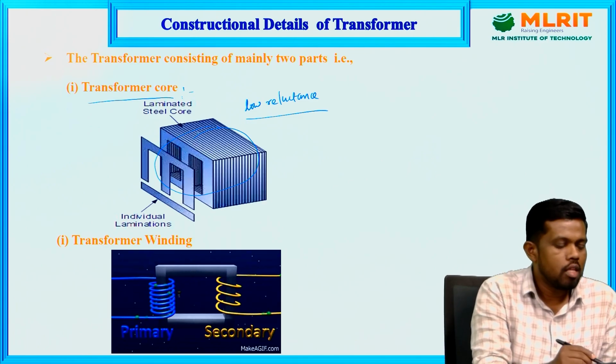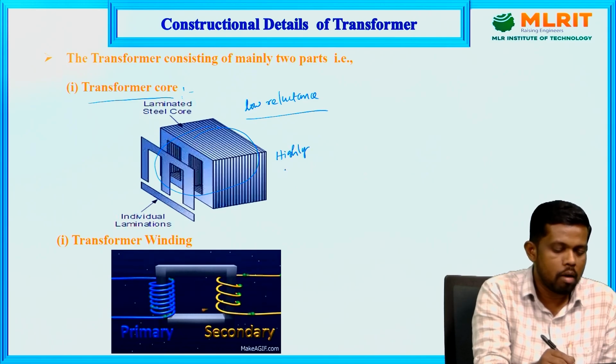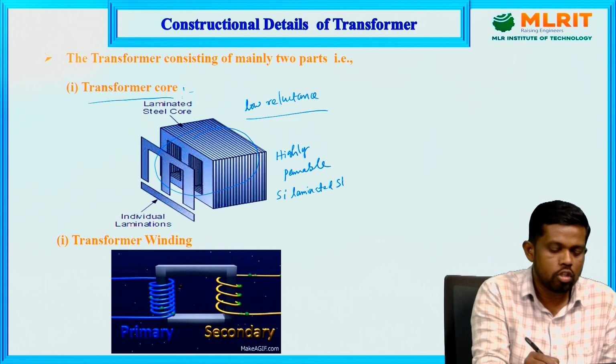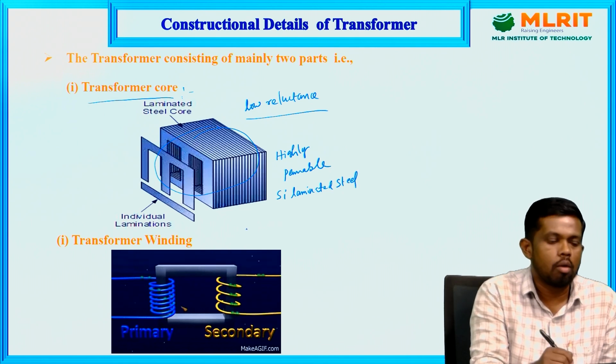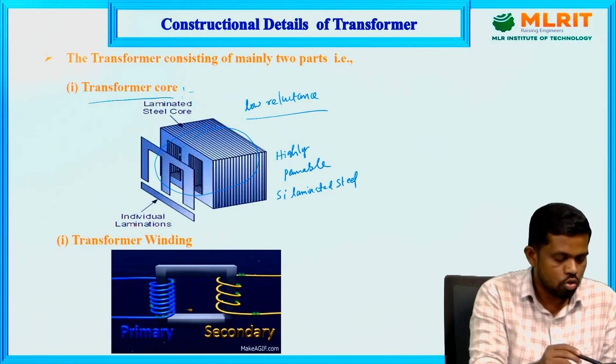Based on these reasons, the transformer core is made up of highly permeable material. That means we can make it with the help of silicon laminated steel. So silicon laminated steel is used to make the core of the transformer. The core is designed with E and I shapes to close the entire thing.